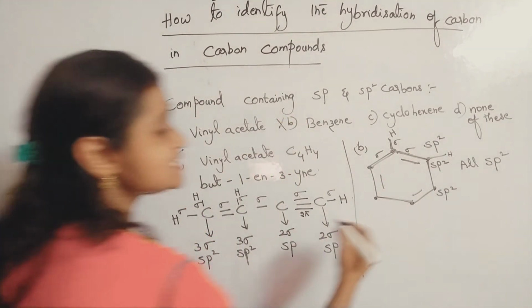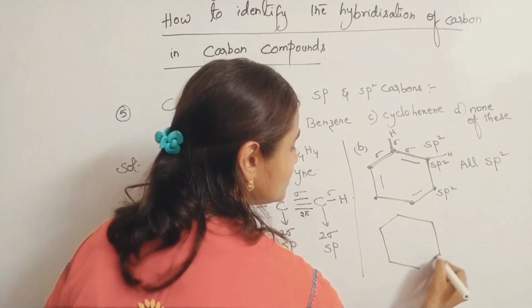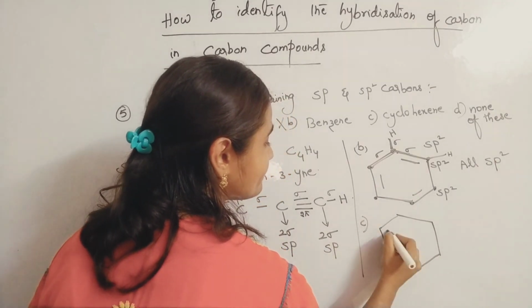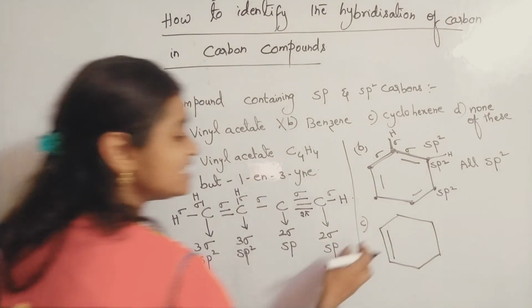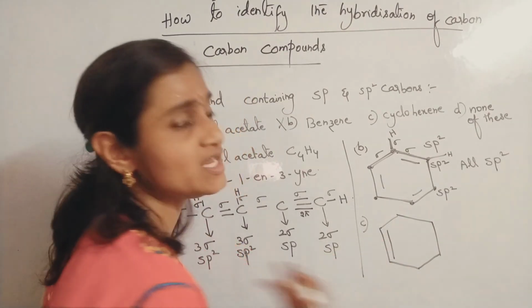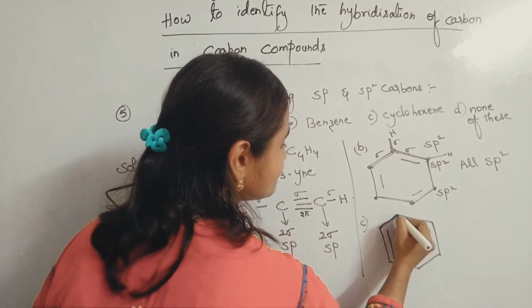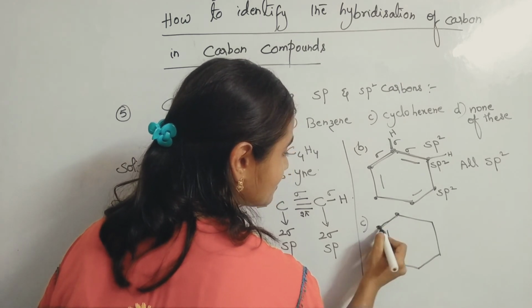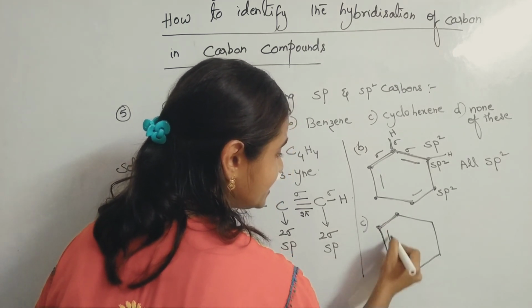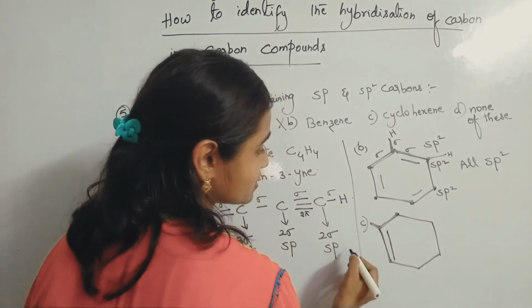Then cyclohexene. What is the structure of cyclohexene? You will keep one double bond. Cyclohexane has all single bonds, while ene means one double bond between any 2 carbon atoms. Now check for this one. Suppose you start with this first carbon: one bond this side, one bond this side and a double bond, and you have to add hydrogen also.